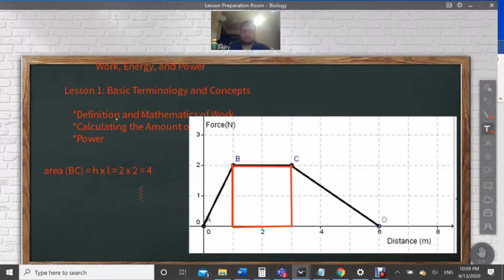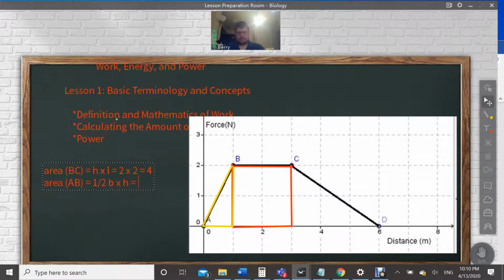Next one's asking us from A to B. I'm going to use a different color for this. To find the work from A to B, I told you it's just going to be the area during that interval, right? Take a look at that. That looks like a triangle. So the area for AB is going to be equal to a triangle, which is 1/2 base times height.